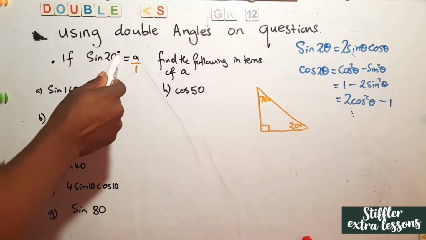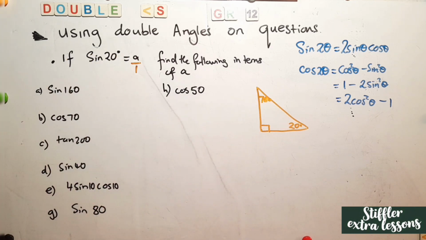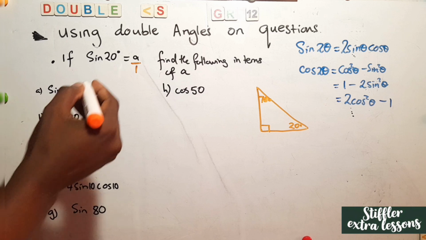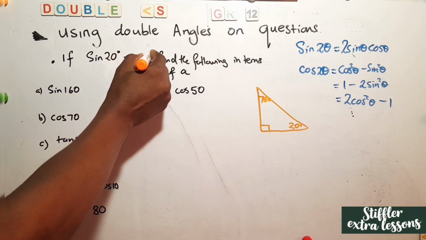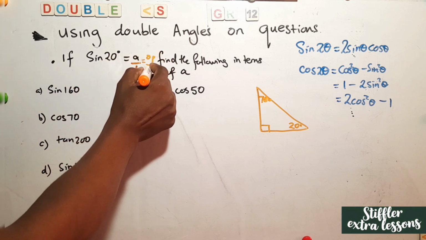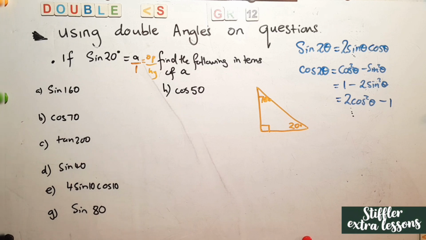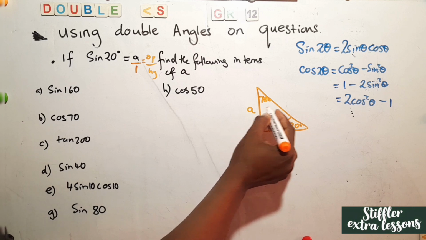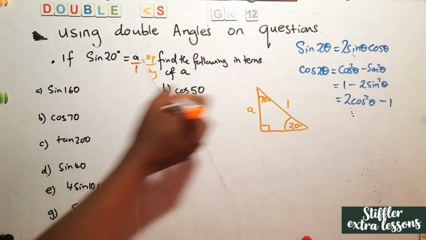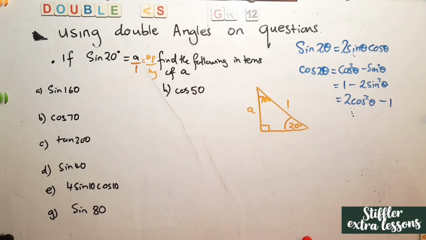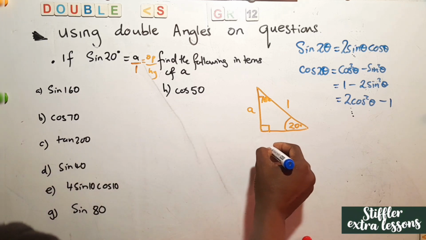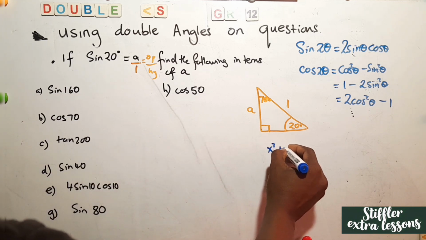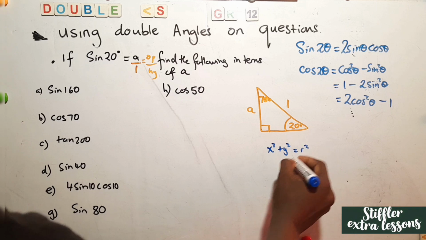And we're given that sine 20 is equal to a over 1. And we know that sine of theta is equal to opposite over hypotenuse. So 1 is our hypotenuse, and a is our opposite. So opposite to 20, we have a, and our hypotenuse will be 1. What's left is to find the value of the adjacent. So again, we can say x squared plus y squared is equal to r squared.